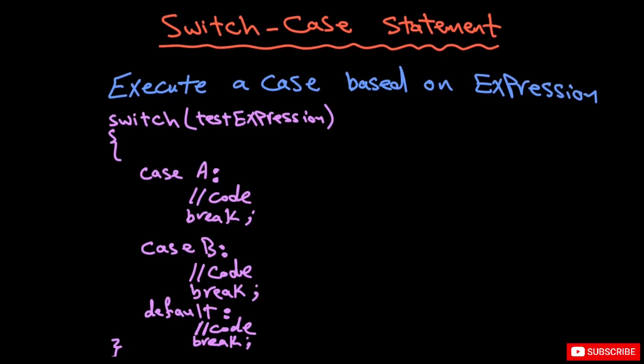The program will execute the default case by default if all the previous cases are false, and also it has a break statement to break the program after that. That's all about the switch case statement theoretically, and in this course I will show you how to use the switch case statement in action practically also.